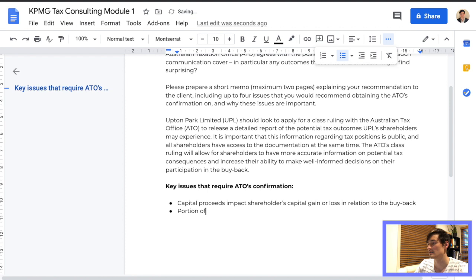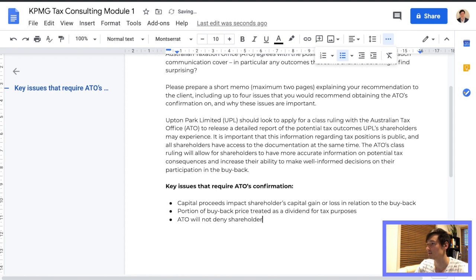This is the next issue that should be covered. Again, I'm trying to phrase it as a sentence. What portion of the buyback price is treated as a dividend for tax purposes? That's definitely covered in the Qantas class ruling.